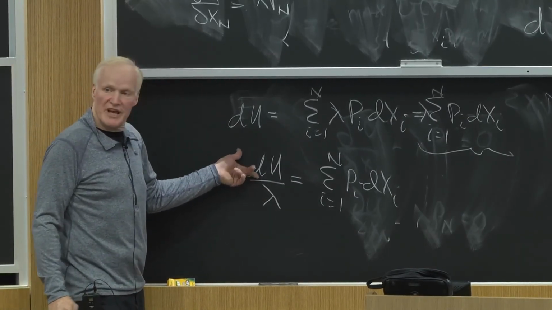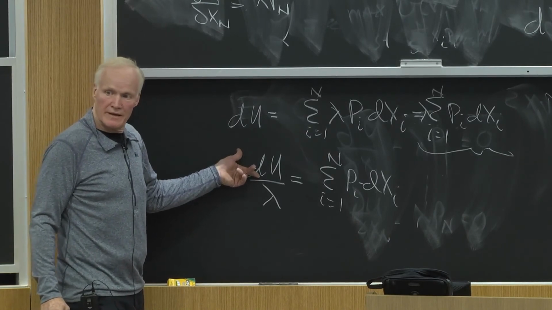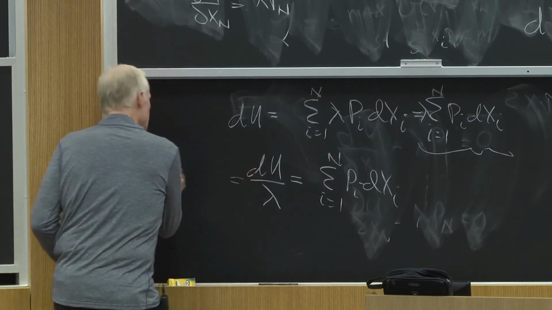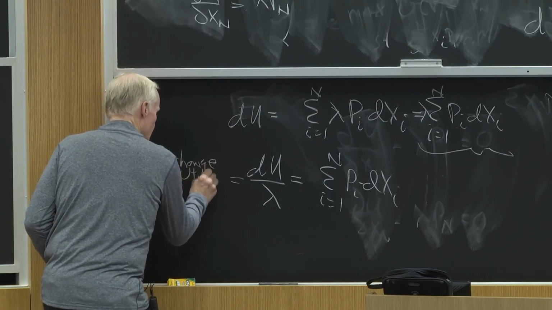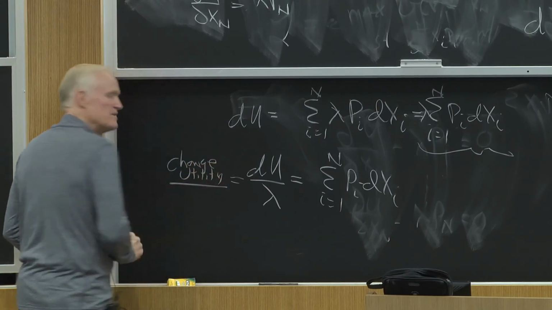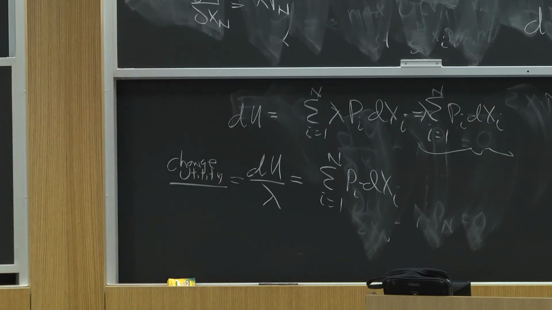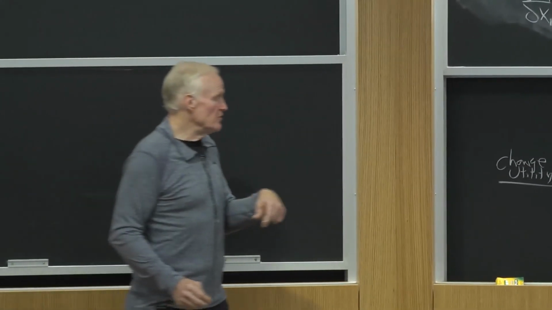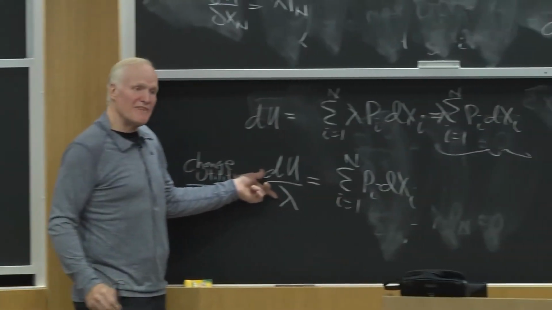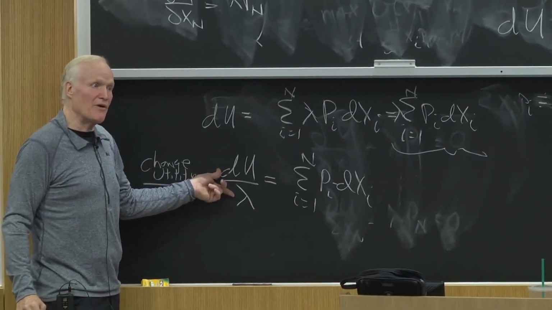Well, du is a change in utility. And what is lambda? It's a change in utility per dollar of income. So this is the dollar value of how much better off he is.